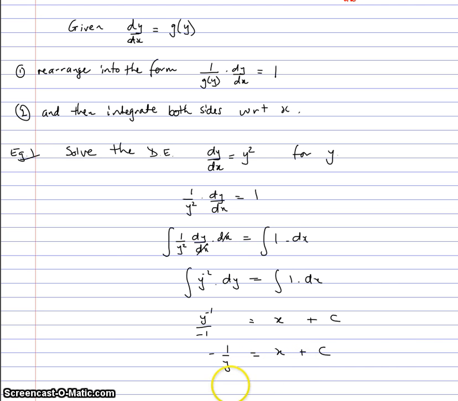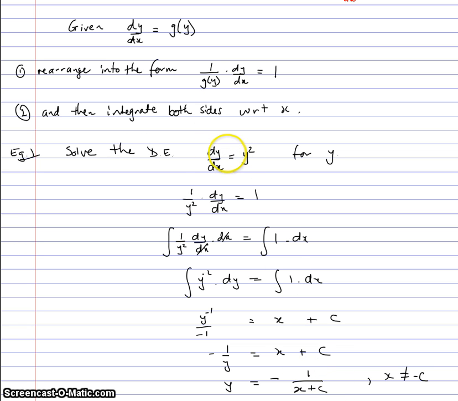And we want to solve for y, so we're going to make this y equals, and bringing the negative over here, negative 1 over x plus c. Of course, we really ought to specify that x cannot equal negative c, because we can't have division by 0. Okay, so that's our solution.